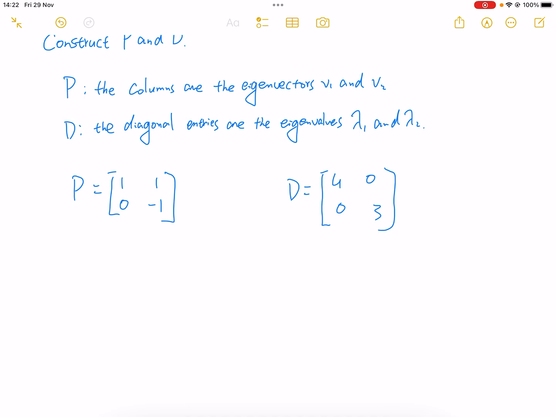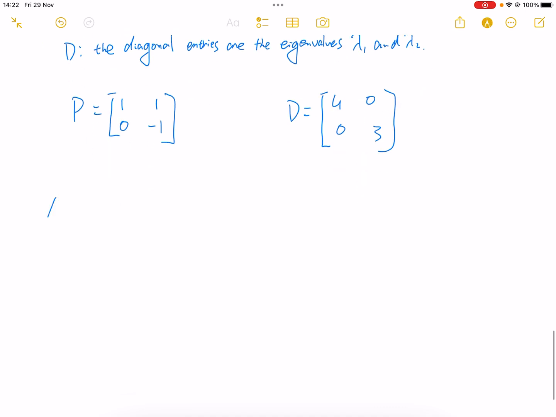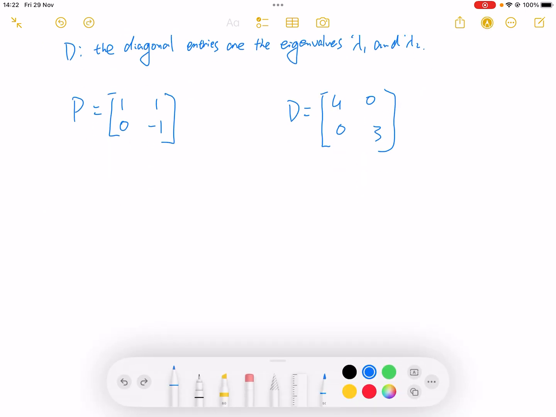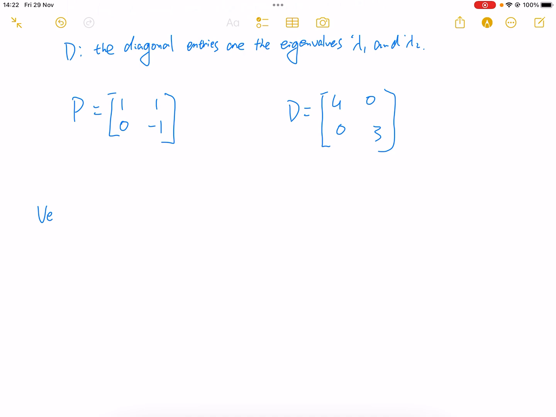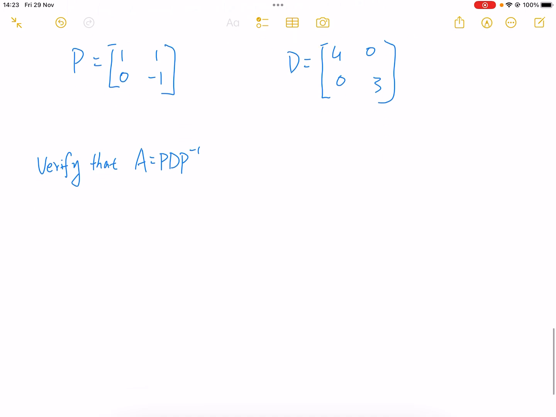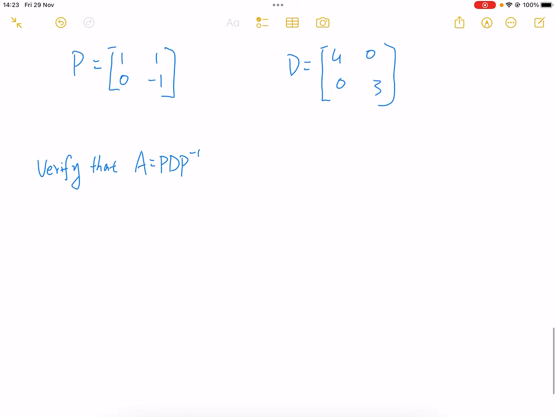Now we can verify that A equals P times D times P inverse. We can verify whether this is true.